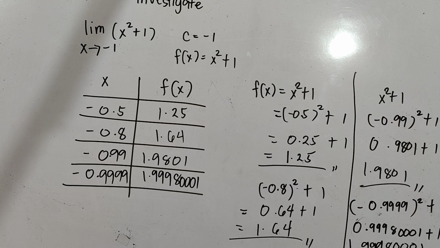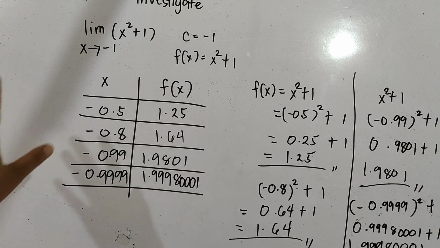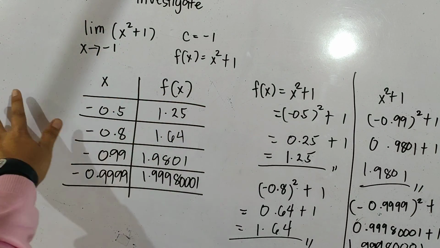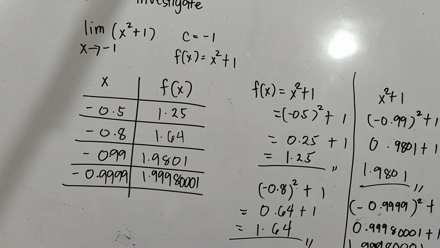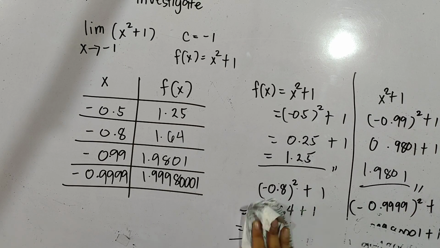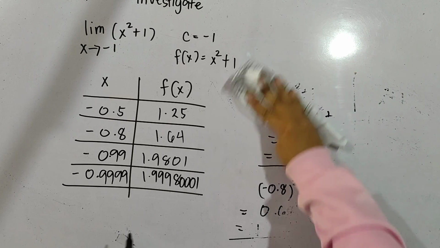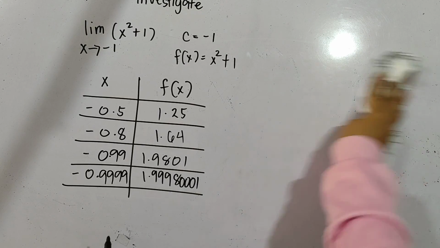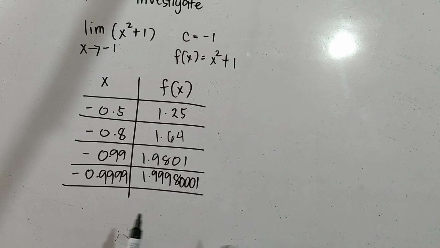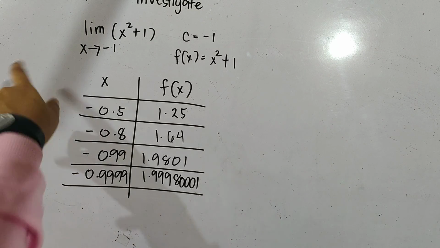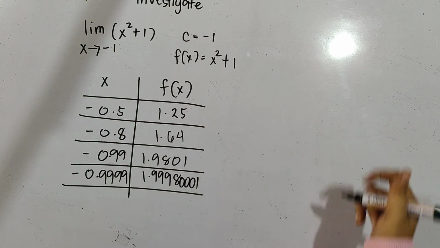Okay, let's proceed to another example without using tables or approaching left or right, just directly solving the limit of the given variable. Again, we can do this faster, which is just to substitute the value of our x here, which is -1.